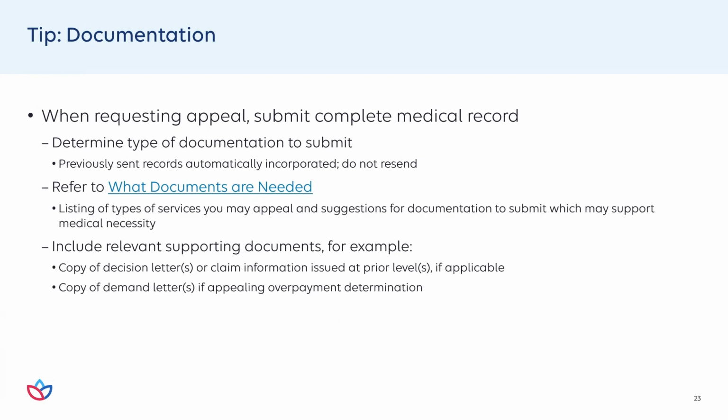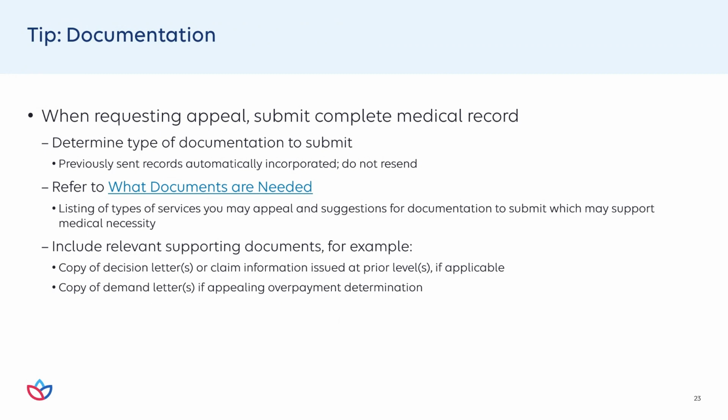When we say submit a complete medical record, we're not saying submit a 3,000-page medical record, because when this happens, these 3,000 pages are going to come through electronically, via mail, however you send them in, and then our appeals nurses are going to look at these 3,000 pages and be like, there's no way I have time to go through all of these documents to determine if the information I need is in here.